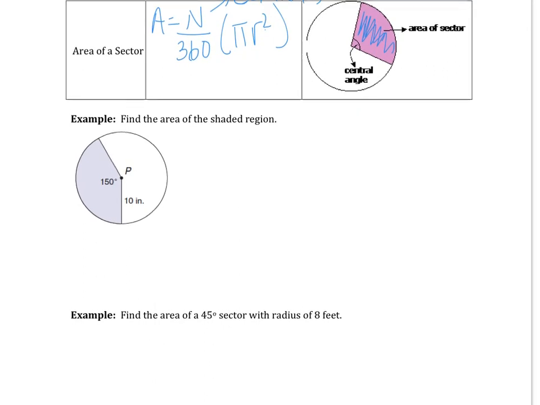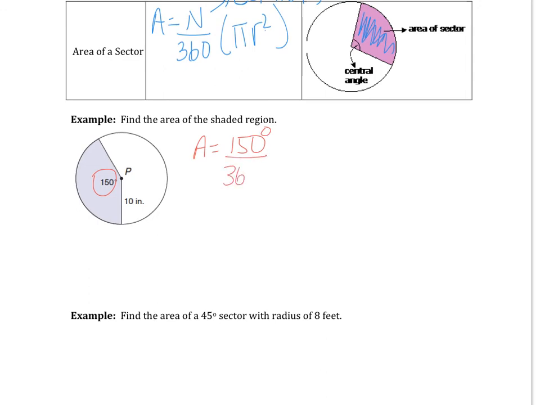Alright, so we're going to find the area of this shaded region here. So area formula is n, which is my 150 degrees, divided by 360, times pi, and then my r, which is 10, times 10 squared. So area equals, what do we got here? I'm going to do this as an approximate, so I'm going to change that pi to 3.14.